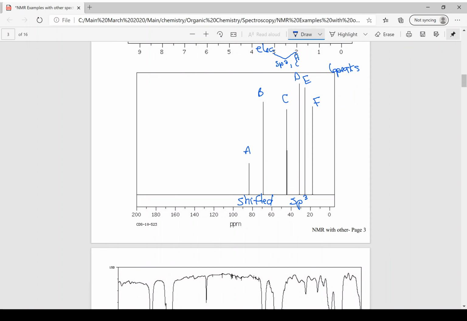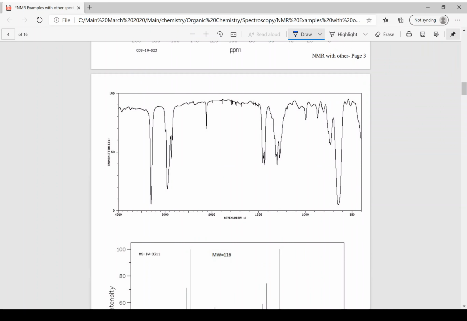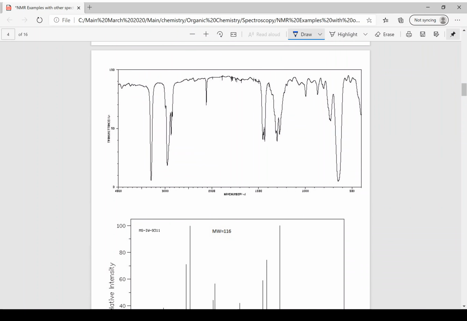So I'm going to go down to the IR. Oh, this IR is screaming at me. All right, remember the hydrogen world? Whoa, whoa, look at me. I am an sp hybridized carbon. I'm an alkyne. If you say there's an alkyne, there better be a carbon-carbon triple bond, which there is.